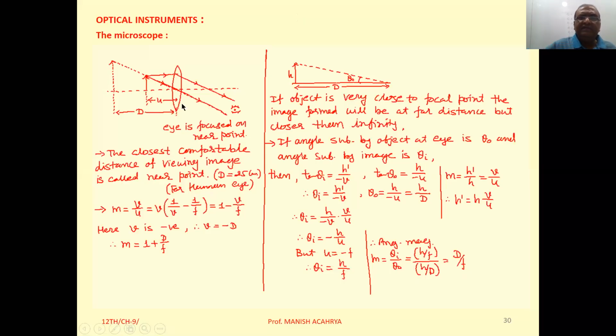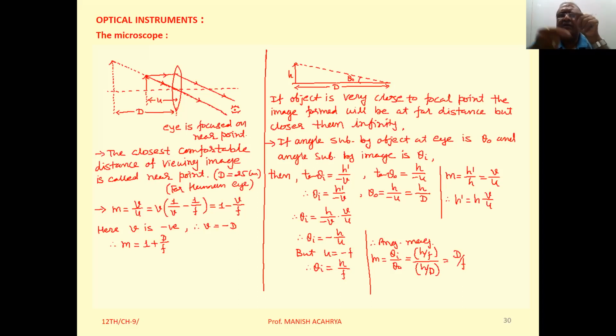Now in this simple microscope, suppose the image formation takes place at a very large distance, means the image distance is too large compared to the closest comfortable distance. Okay, so definitely we will see fine. In that case, normally, if we place the object very close to the focal point, then image formation will take place at a large distance.